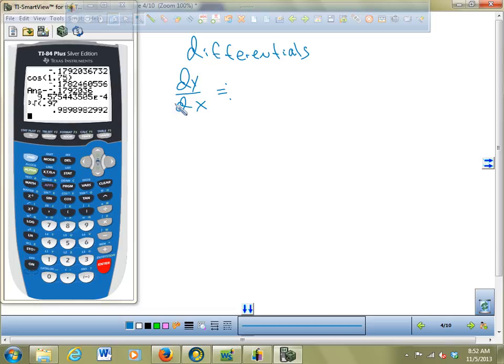Well, it happens to work, so this we wrote as f prime of x. So it works, and they proved, I guess, algebraically, that you can actually separate these things and treat them as if they were actual quantities. So I could rewrite dy equals f prime of x dx.